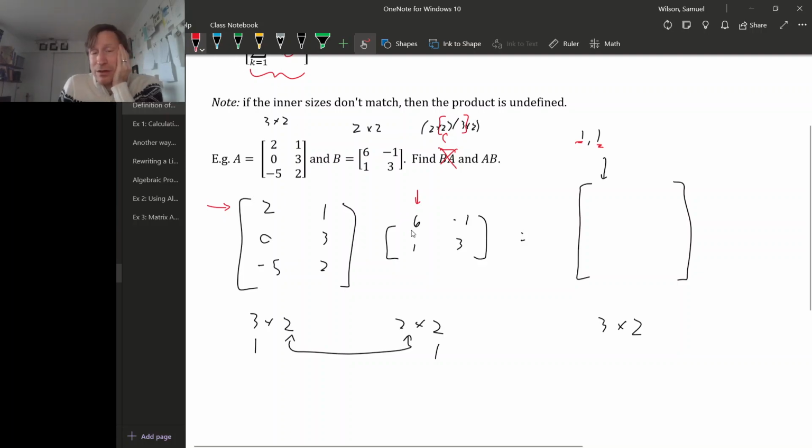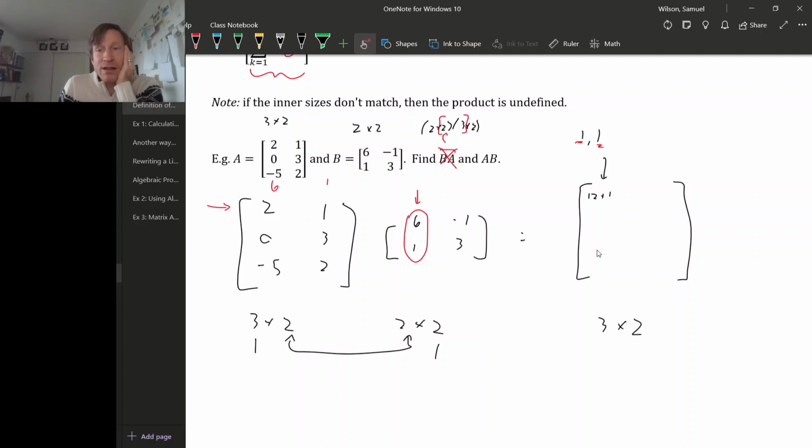To do this in my head, I take these entries, 6 and 1, turn this column sideways, and sweep it downwards, and every time I hit a row, I multiply. So 6 times 2 is 12, plus 1 times 1, that's 1.